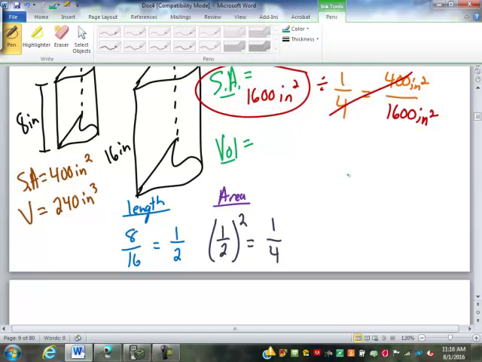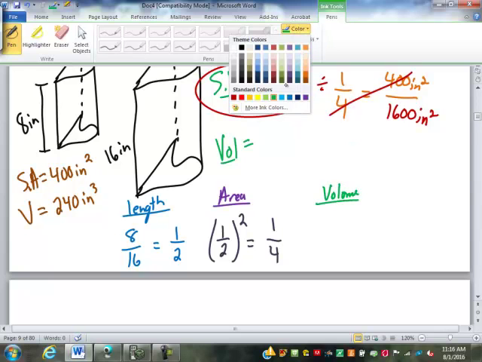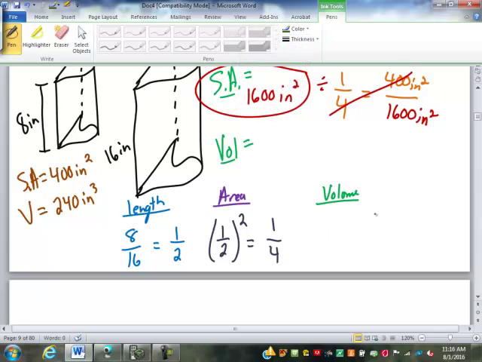Then for volume, how do we find the ratio of volumes? We cube it. We take our 1 to 2 ratio of lengths and we cube it. 1 cubed is 1. 2 cubed is 8. So we have a 1 to 8 ratio of volumes.